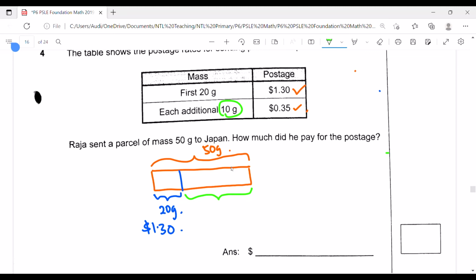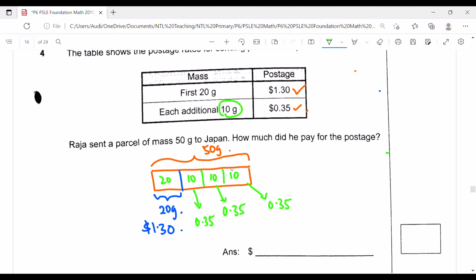We know that if this is 20, this must be 30. So this could actually be split into 10 grams, 10 grams, and 10 grams. So the first 10 grams is 35 cents. This one is another 35 cents. And this one is another 35 cents.